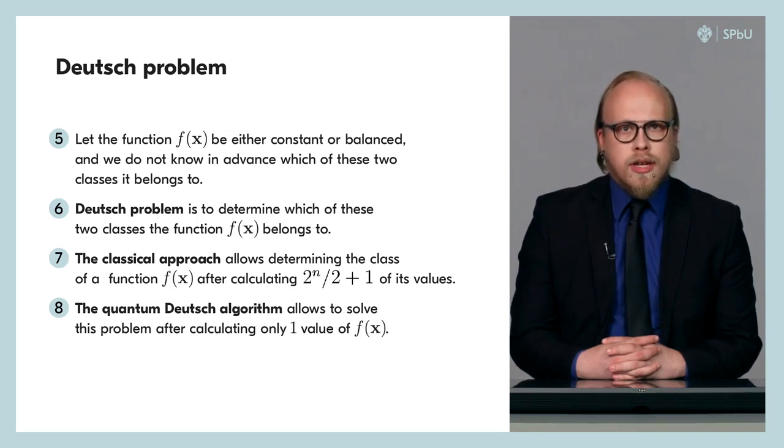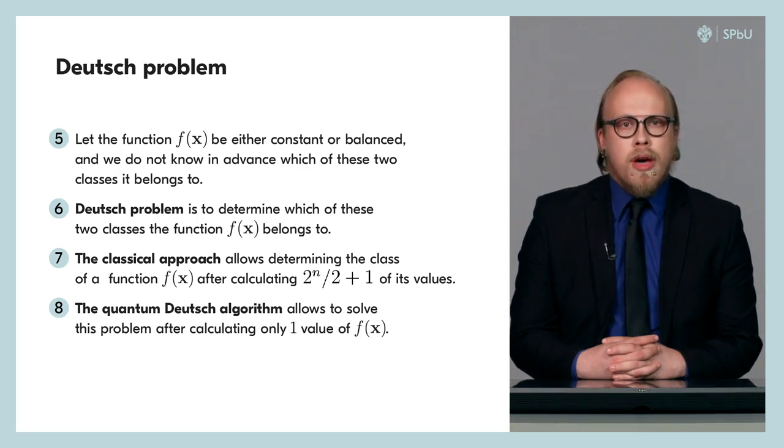Obviously, to solve such a problem with the help of classical calculations, we need at least two appeals to the computational circuit, which determines the value of the function f for a given value of the argument. Since the internal processes occurring in the circuit are left outside the framework of the problem, such a scheme is often called a black box or oracle.